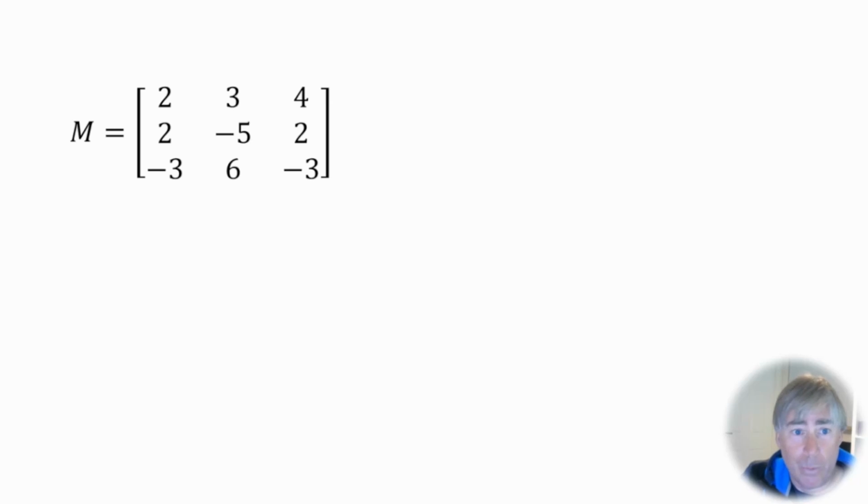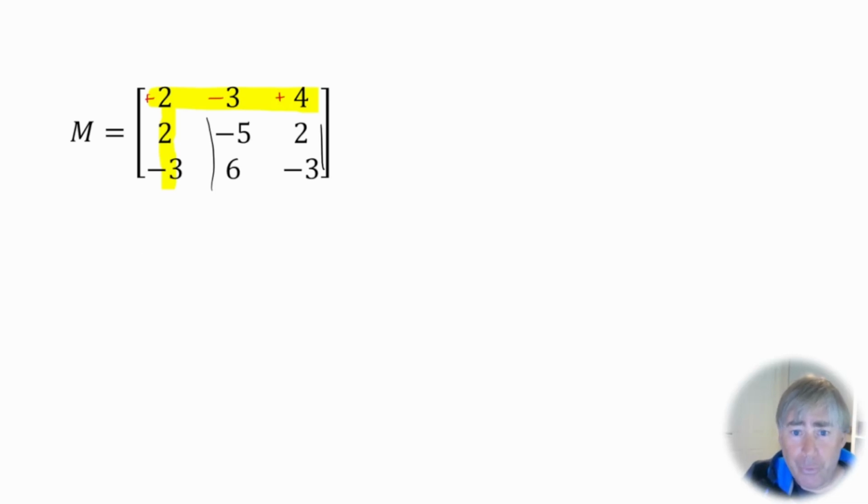So first of all, in this case, I'm going to use the top row, so I'm going to use my matrix of signs, positive, negative, positive, and then I'm going to highlight my first column and first row, and I can then put vertical lines around what's left, which is going to basically be my minor matrix, -5, 2, 6, -3, and I can work out that determinant.